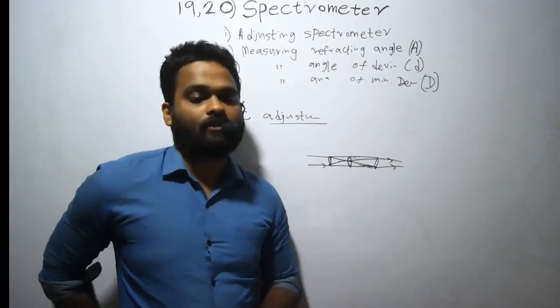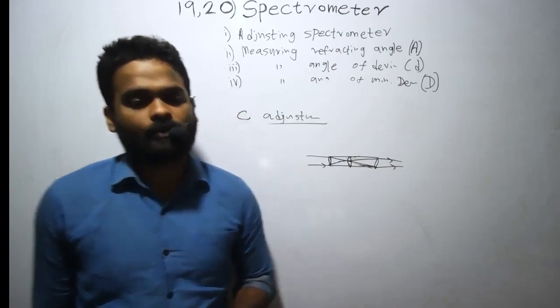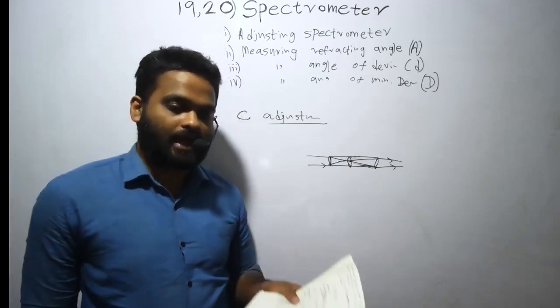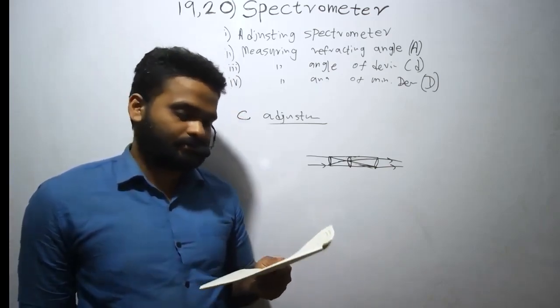After adjustment, collimator should only produce parallel light. Okay?